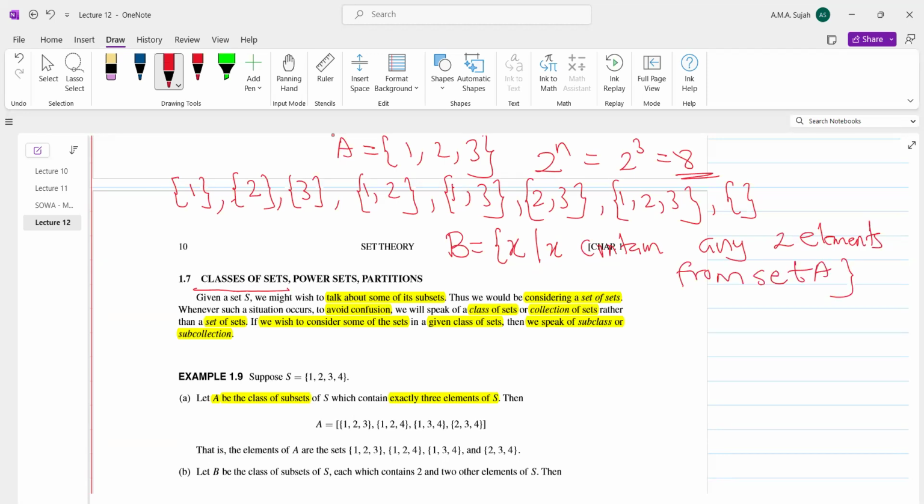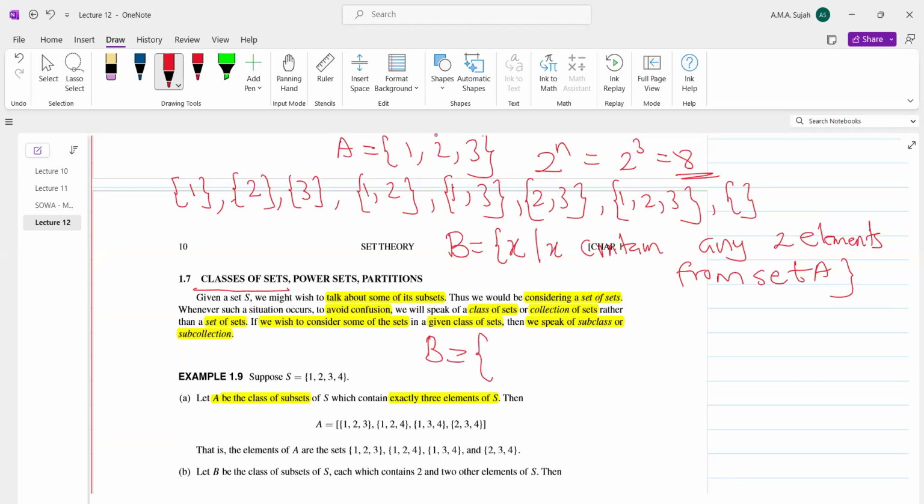Now you are creating another set B. You need to create the elements of set B. It contains any two elements from set A, right?